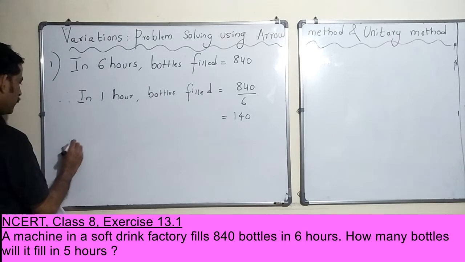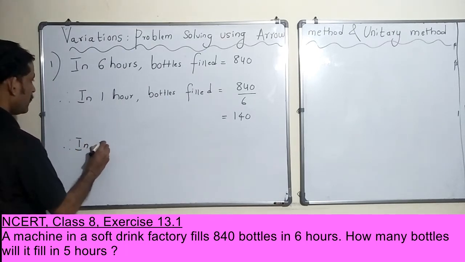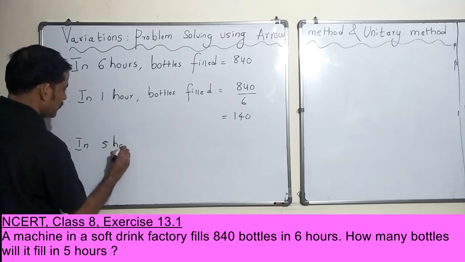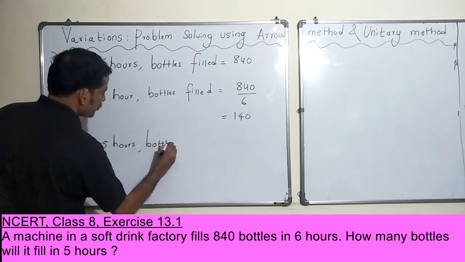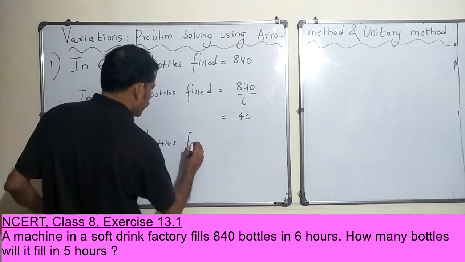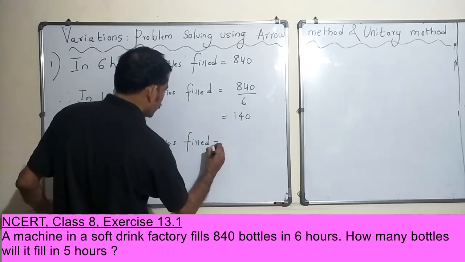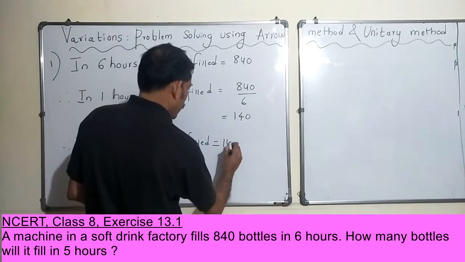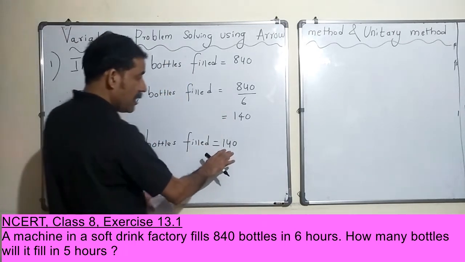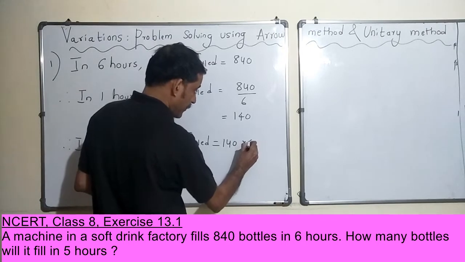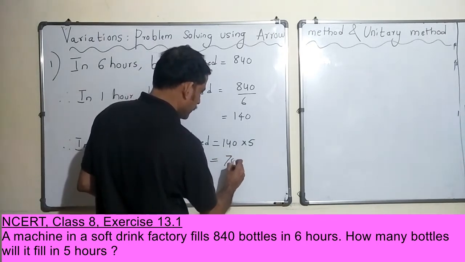Therefore, in 5 hours, bottles filled is equal to 140. In 1 hour you fill 140 bottles, so in 5 hours you will fill 140 into 5, which is equal to 700.